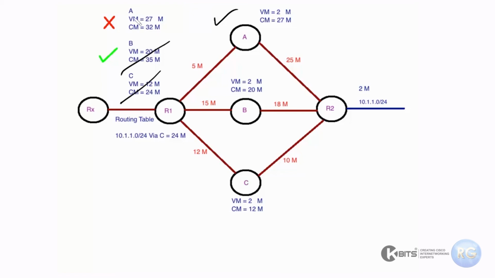Recalculate what? I don't have this route. Remember, I discarded the route. If I lose a route and I don't have a feasible successor, EIGRP knows it might have done that feasibility condition and dropped the route.